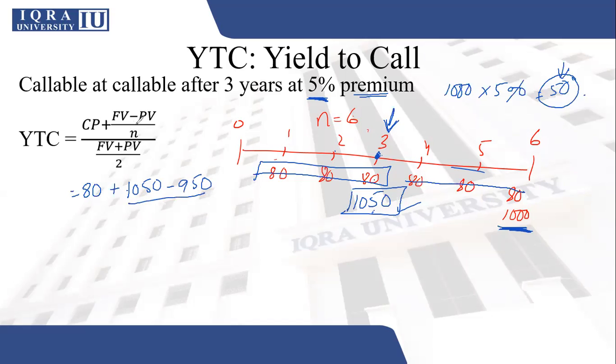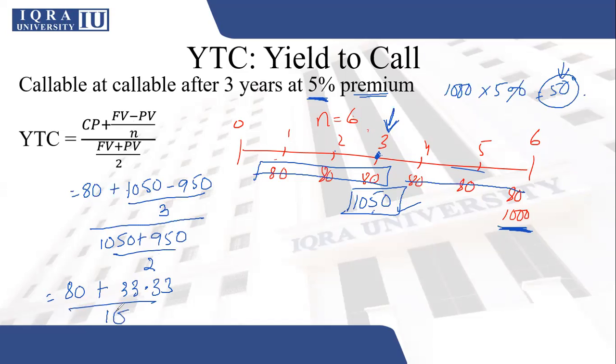The N means maturity, so it's going to get called in 3 years. So the maturity is going to be 3 now. Plus 950, divided by 2. If you solve this, it will be 80 plus 33.33, divided by 1000. So this will give you 13.33%.